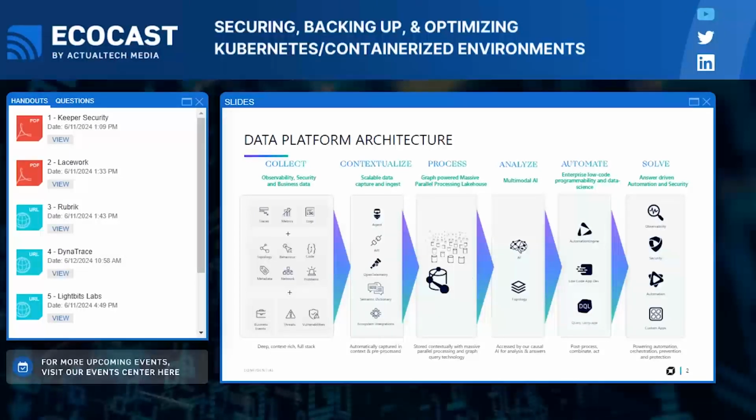What we're really doing is automatic application instrumentation of code. We deploy for Kubernetes as an operator, and we do immediate instrumentation to provide automatic collection of metrics, logs, and traces.